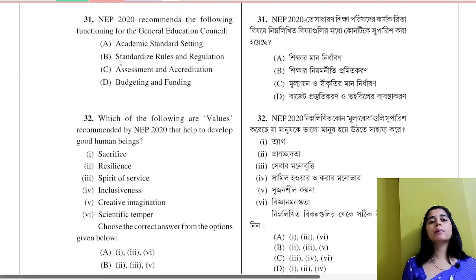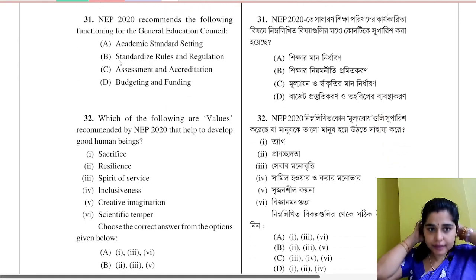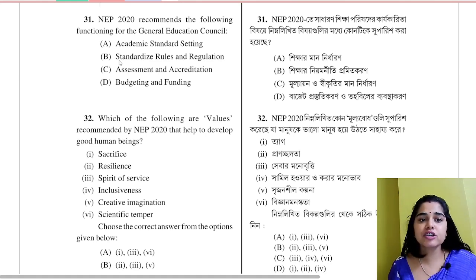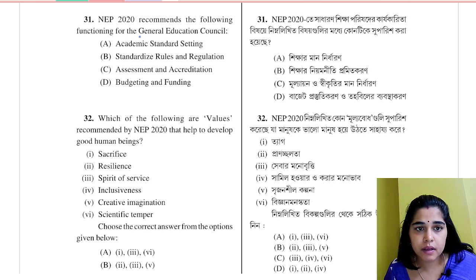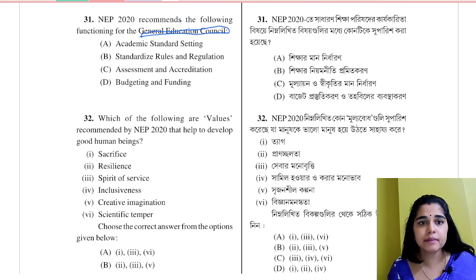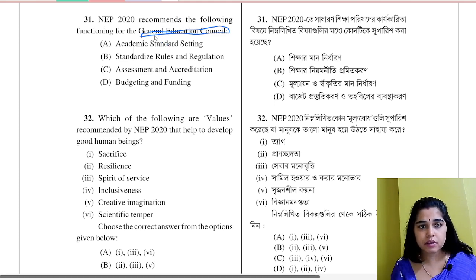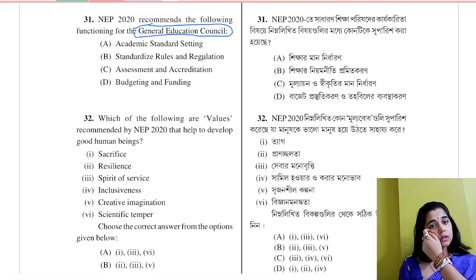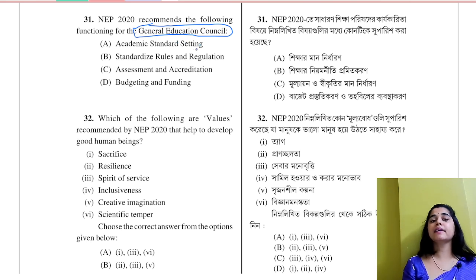NEP 2020 recommends the following functions of the General Education Council. NEP has 4 pillars, so this is one pillar. The General Education Council is concerned with academic standard setting.